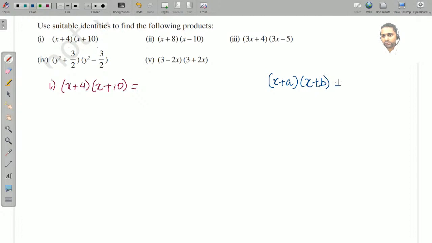That is equal to x square plus a plus b times x plus ab. Similarly, you have to identify what is x, a and b. Here x is x, a is 4 and b is 10.